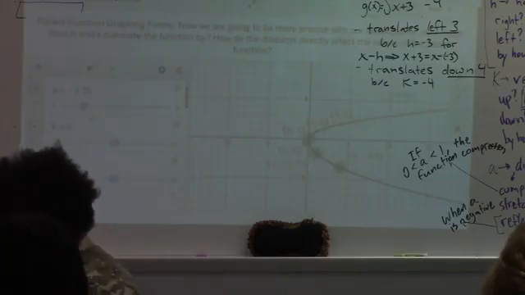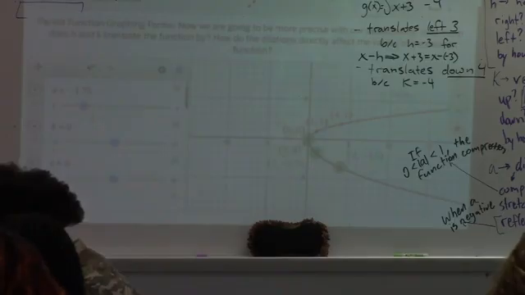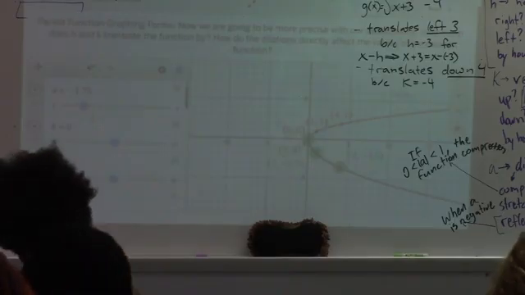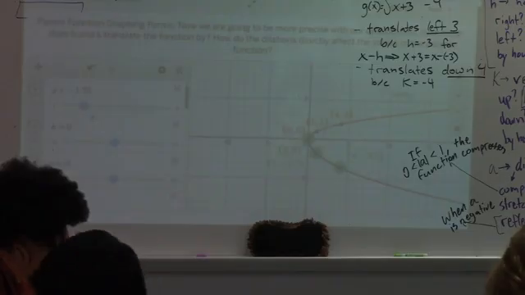So when is it stretching? If A is above 1. Now, I do want to point out, I put an absolute value here because if it's -2, what's the absolute value of -2? Positive 2.